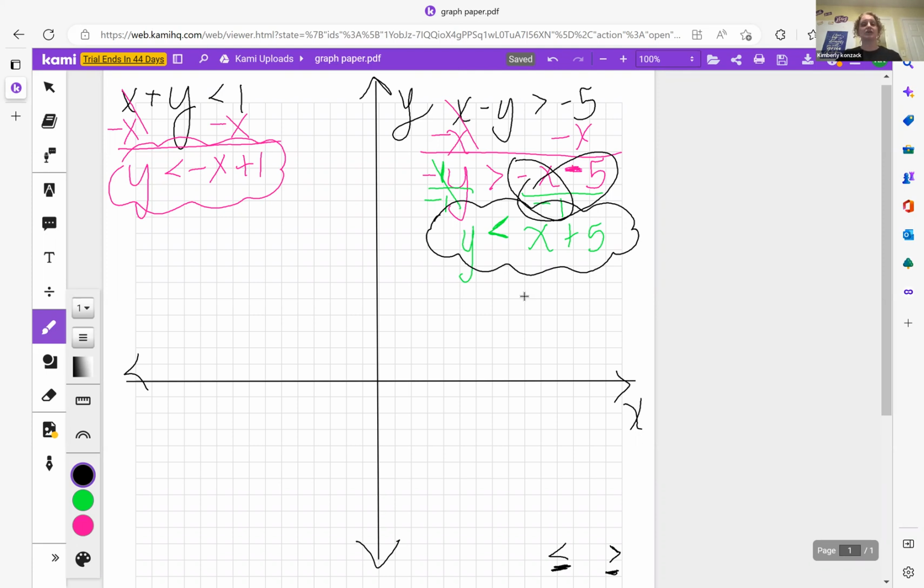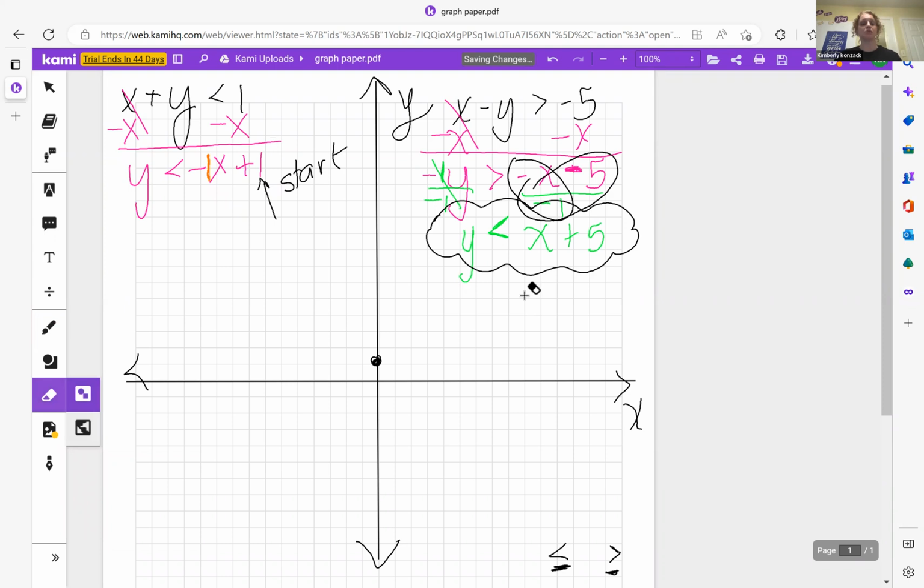When we take a look at the first inequality on the left-hand side, we start at the y-intercept. The y-intercept is 1, from y equals mx plus b. So we start at 1. Our slope is the -1 in front of the x. If it helps you, you can write -1 over 1, but it's a negative slope.